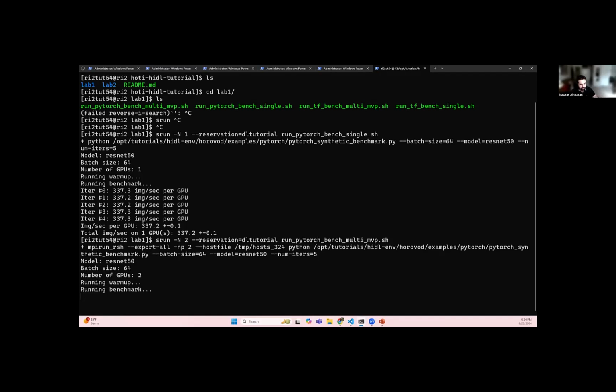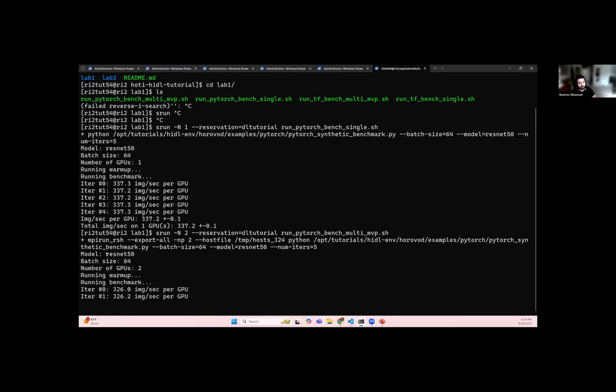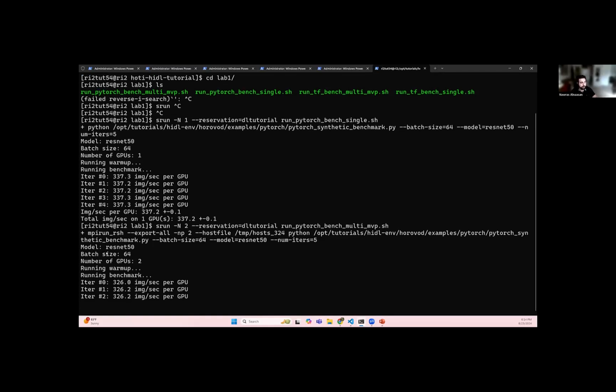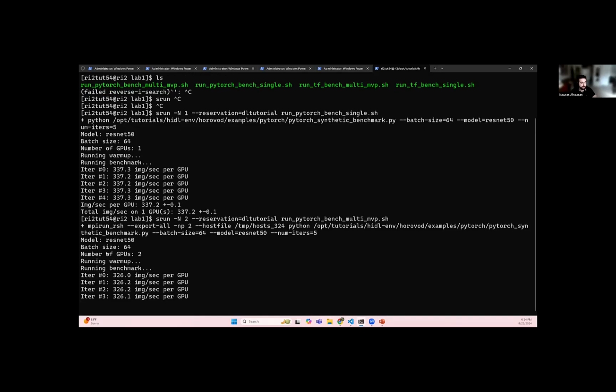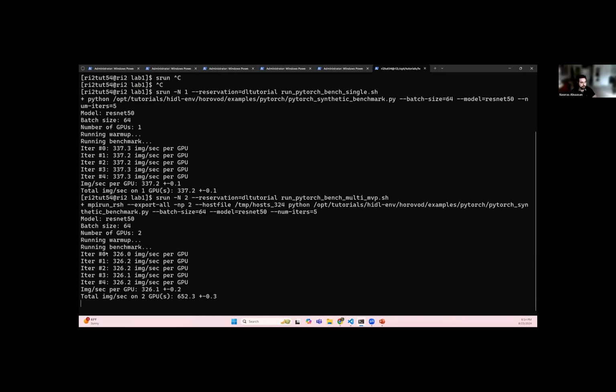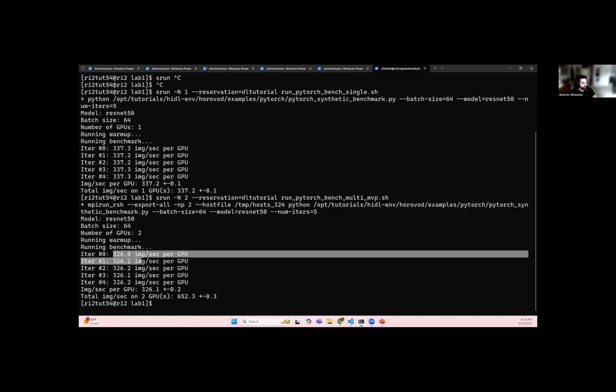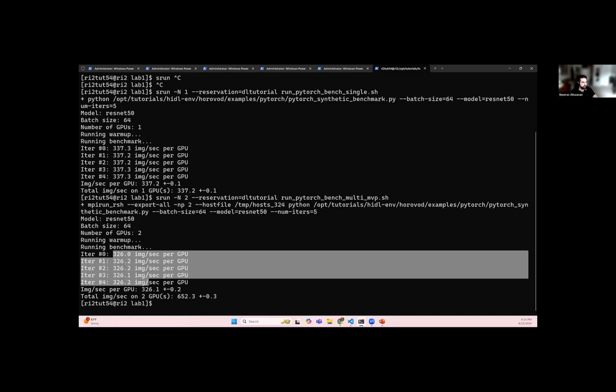We have the same script launching on the 2 different nodes, and the communication that is happening in the background will happen through the env-pitch library. So the all reduce operation will happen through the MPI library. So in here we see it's exactly the same benchmark.